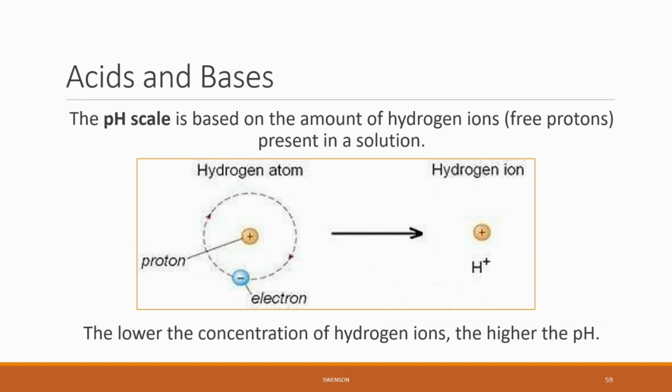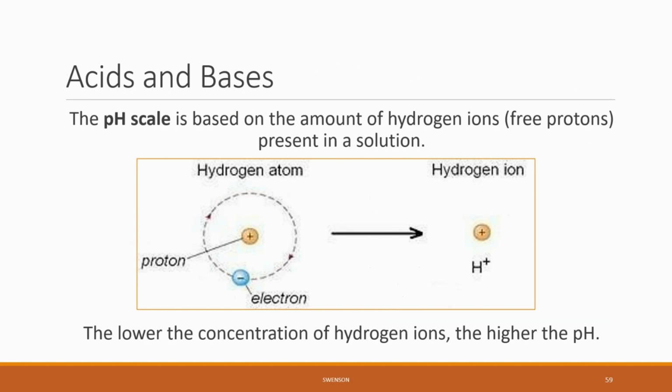Another essential variable when it comes to the chemicals of life is that of pH, acids and bases. The pH scale is based on the amount of hydrogen ions, which are what we would call free protons, present in a solution. Remember that hydrogen has one proton and one electron.